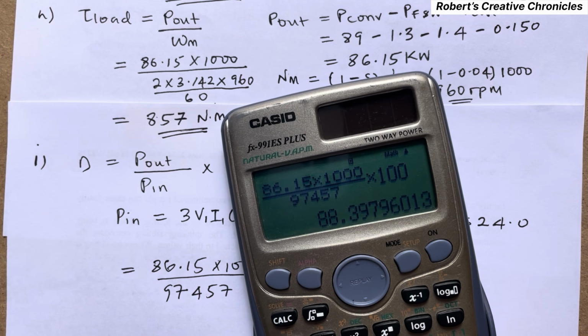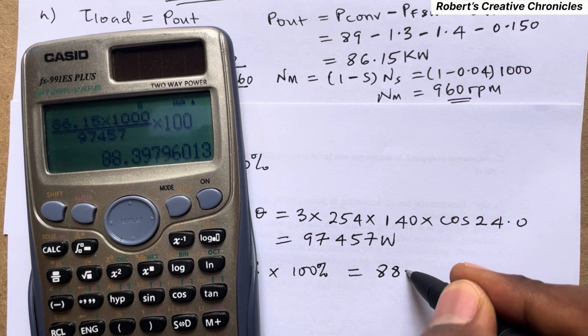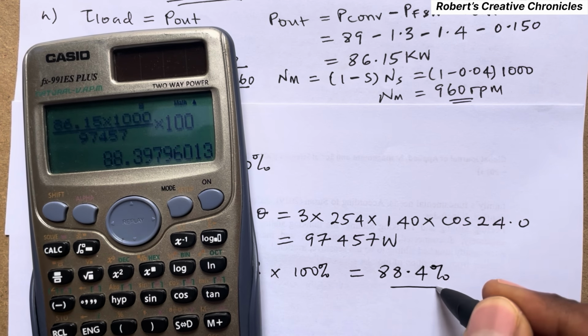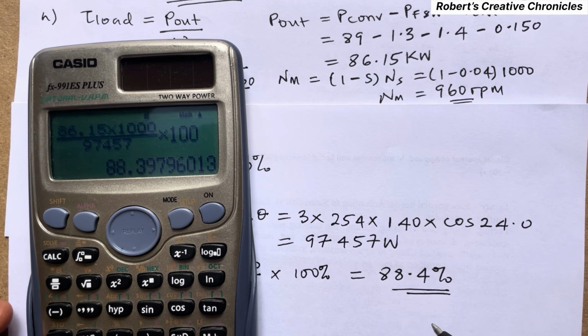This is equal to 88.4% approximately. So the overall machine efficiency is 88.4%.